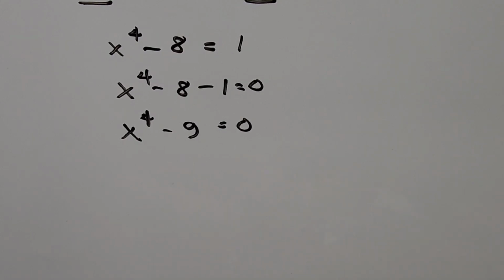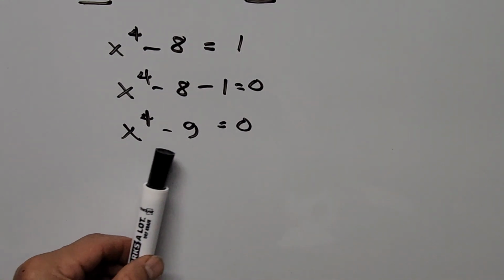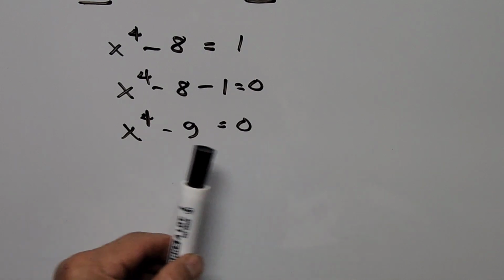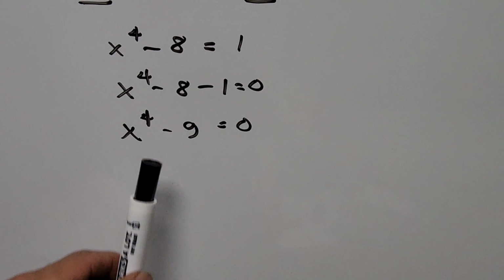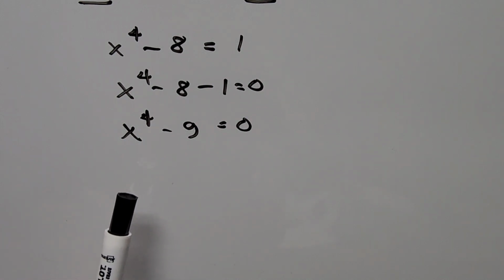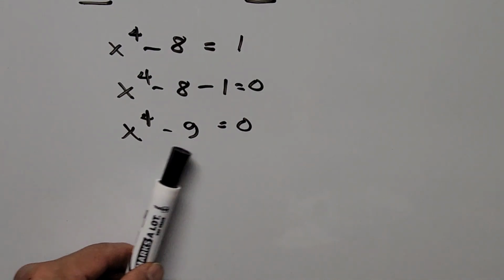From here, there are two ways to solve for the values of x. One is transposing 9 to the right hand side and raising to the power of the reciprocal of 4 on both sides of the equation. And the other one is by utilizing the difference of squares.